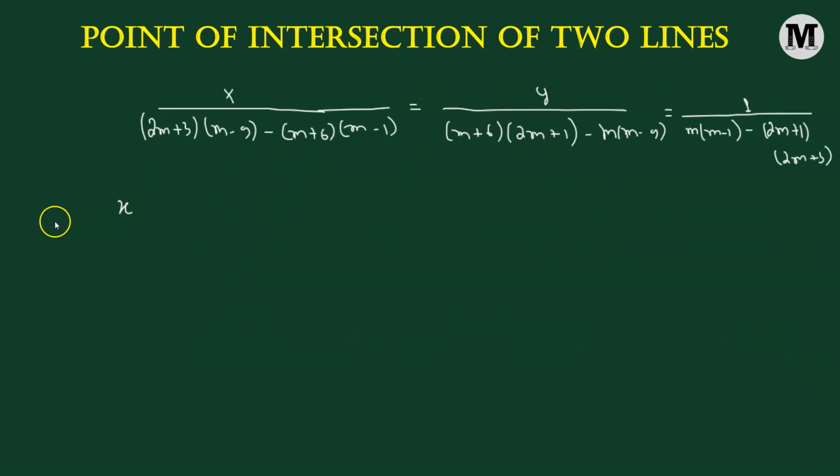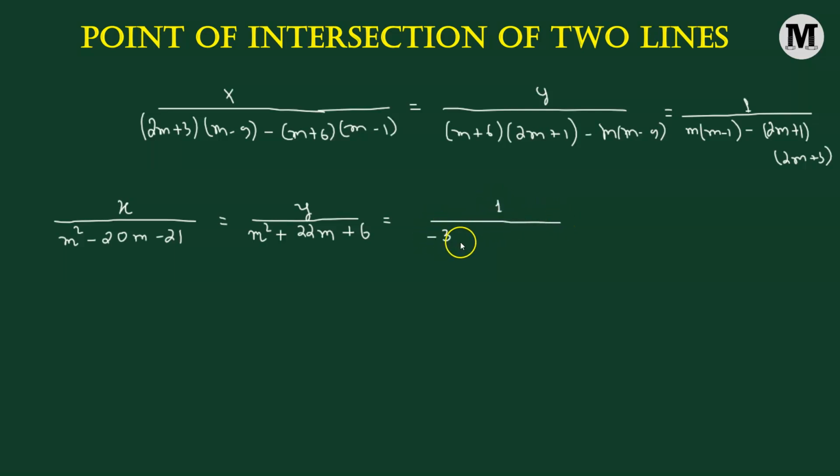Then x over m squared minus 20m minus 21 equals y over m squared plus 22m plus 6, which equals 1 over negative 3 times m squared plus 3m plus 1. Furthermore, we can simplify m squared minus 20m minus 21 to give (m plus 1) times (m minus 21).